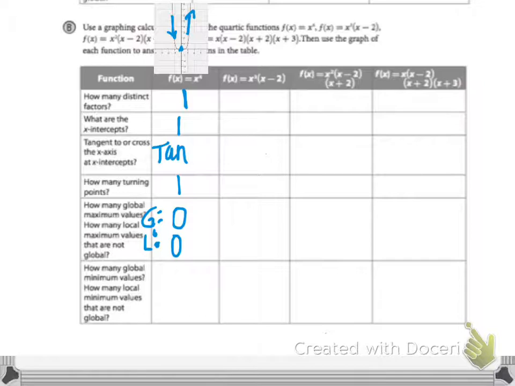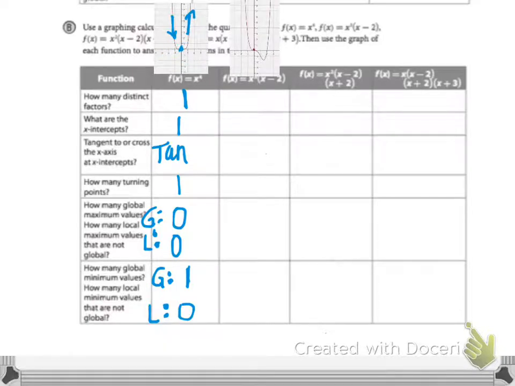But it has a global minimum, there's 1. That's the lowest it ever gets, but local minimum, there's none. So that actually counts as the absolute lowest point right here that it ever gets to. And then there's no more bends and turns, so there's no more opportunities to create maximums or minimums of any kind.